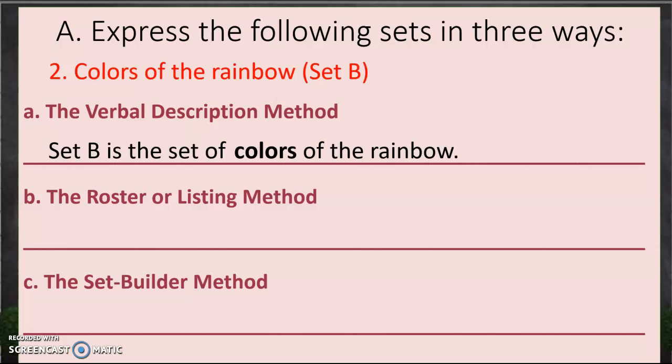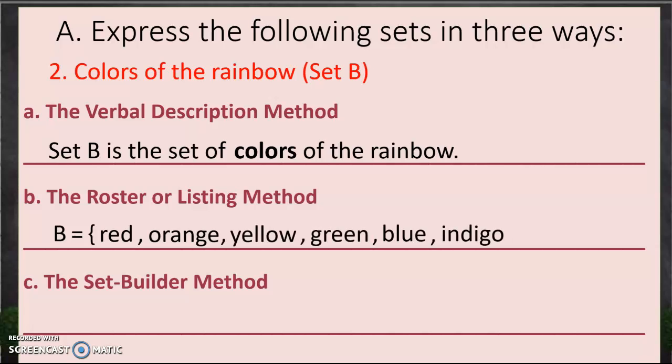Letter B, the roster or listing method. We use a capital letter. B is, equal sign, then open brace. Then list all the elements: red, orange, yellow, green, blue, indigo, violet, close brace.